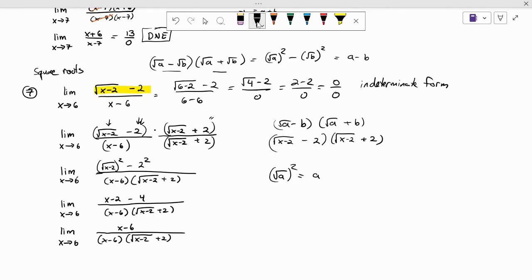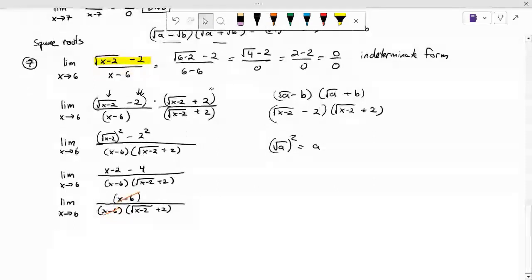It's kind of what we expect, right? Often it's just a cancellation like that. So when we cancel, what's left in the numerator? 1, right? x minus 6 divided by x minus 6 is 1. And then you're right, I should have, in the denominator.